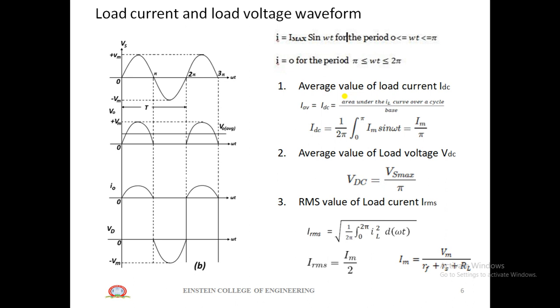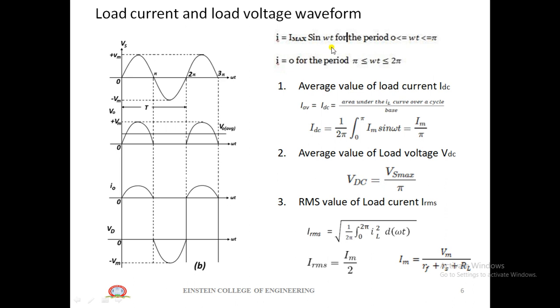So you can write the equation as the integral from 0 to 2 pi of IL, divided by 2 pi. The base time period is the total cycle 2 pi. This limit 0 to 2 pi can be split into two integrals, 0 to pi plus pi to 2 pi.